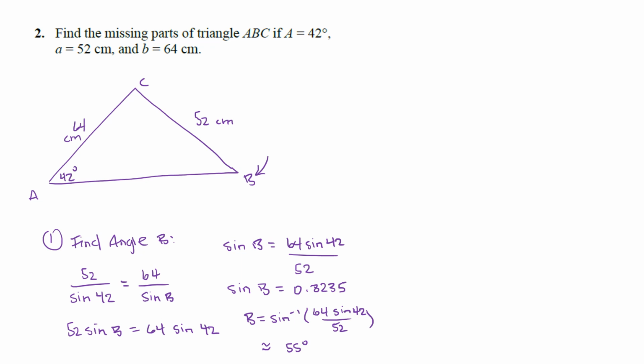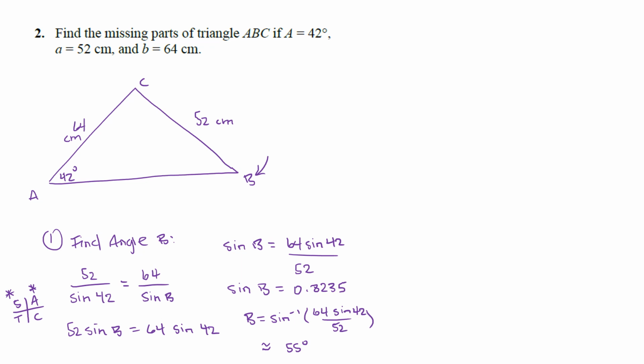Now, 55 degrees happens to be one of the angle measures that will get us a value of 0.8235. We know, according to our acronym here, All Students Take Calculus, that quadrant 2 and quadrant 1 are quadrants where the sine is positive.